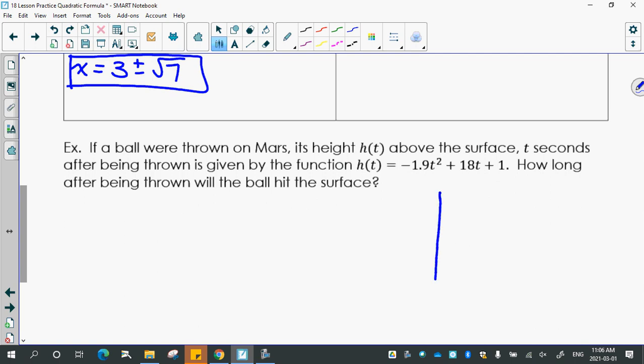I'm always going to make a picture for these ones. This is where y is, so it's h(t). X is time, so this is seconds, it says.